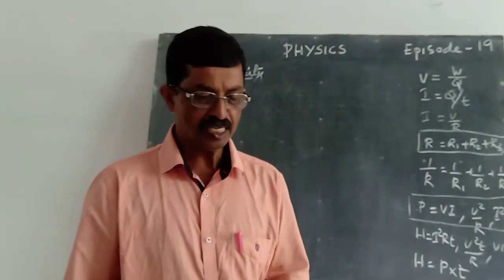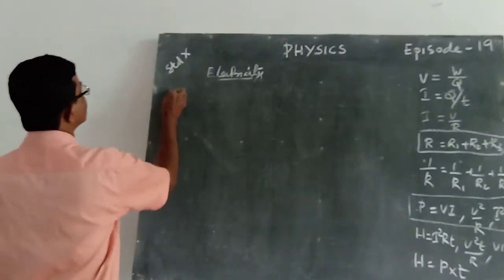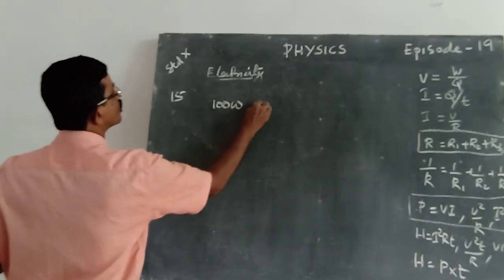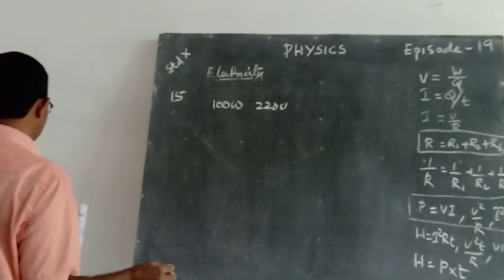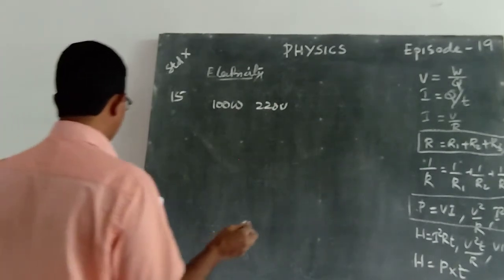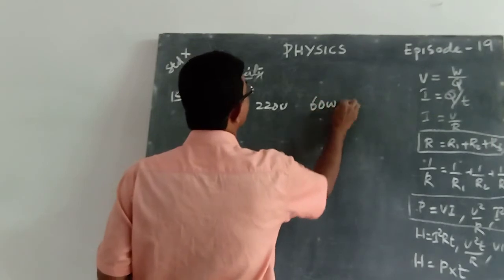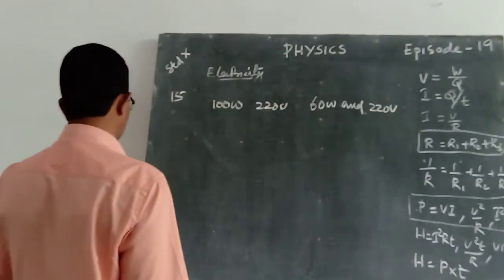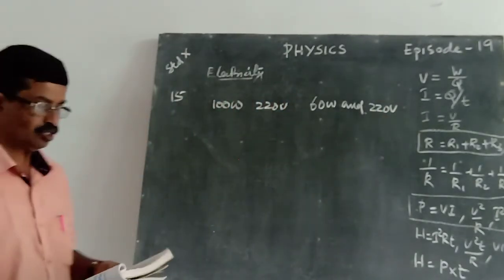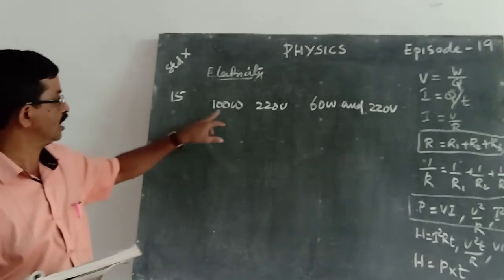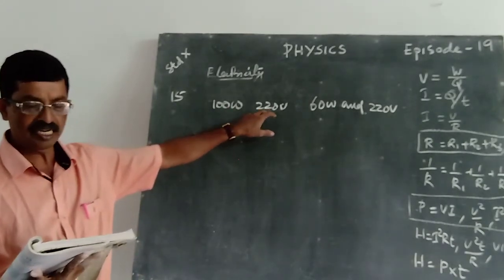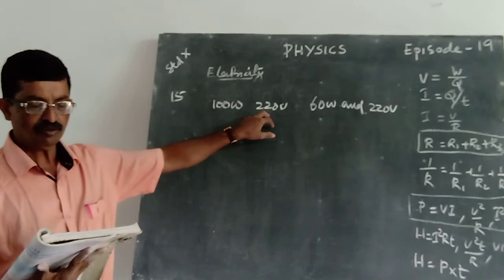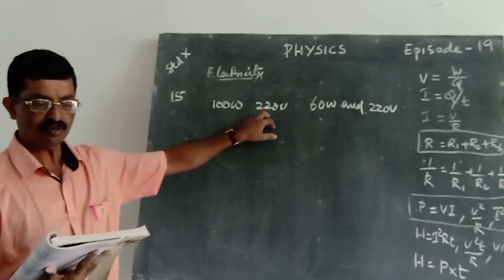Now we can move to the next question, question number 15. Two lamps, one rated 100 watt, 220 volt, and another rated 60 watt, 220 volt, are connected in parallel to the electric mains.